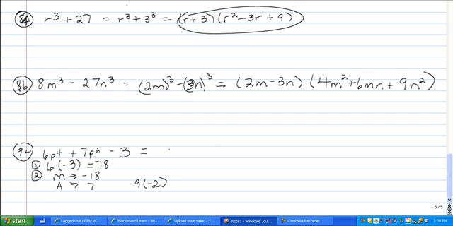So I'm going to rewrite 6p to the 4th plus 9p squared minus 2p squared minus 3. And now I'm going to factor by grouping in pairs. I can take out a 3p squared.